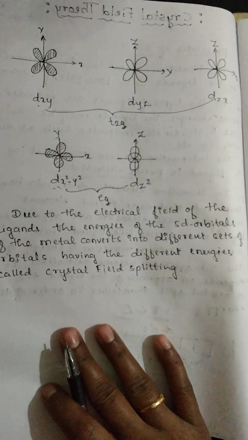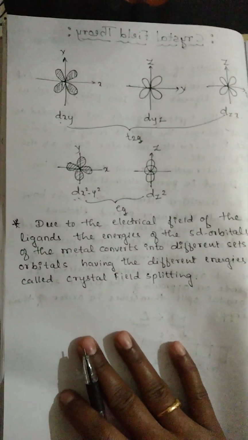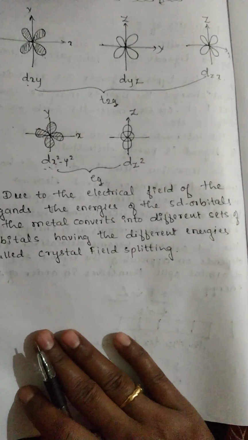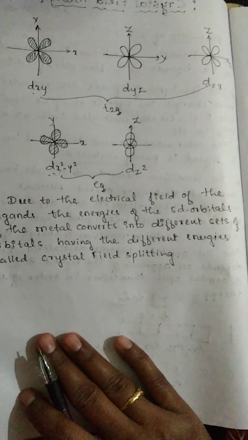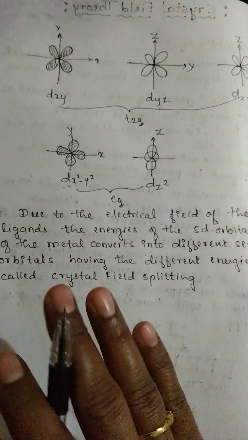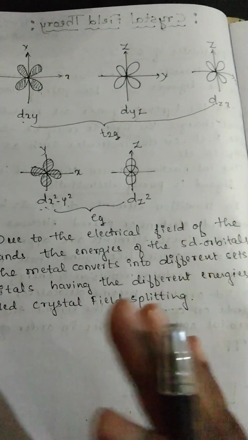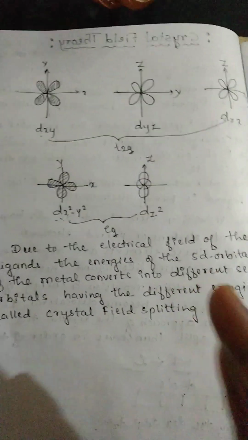In each particular geometry, the splitting of d orbitals will be different. Based on the repulsion between the metal and ligand, they are split into two sets, T2g and Eg.